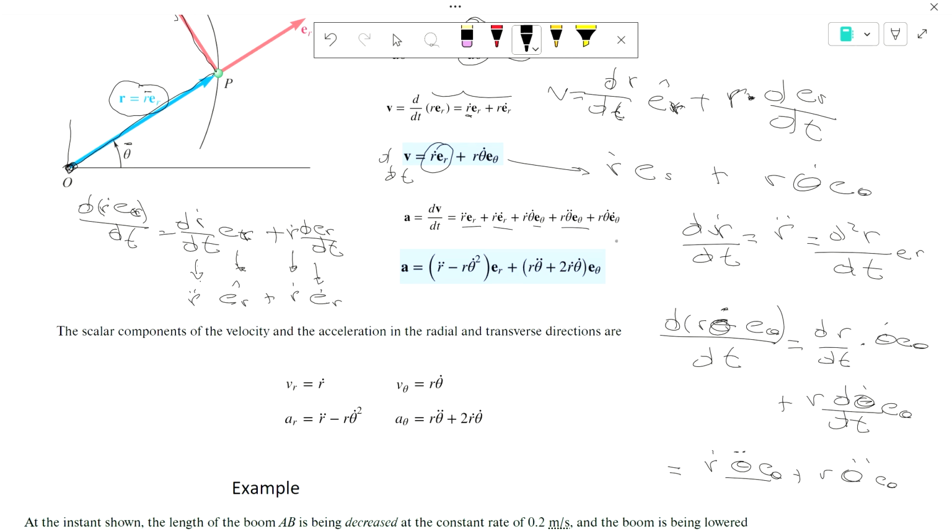Notice that there's one last expression, which is r theta e theta, and it's because in this case we have 1, 2, and 3.